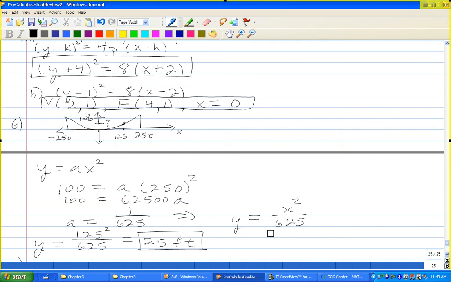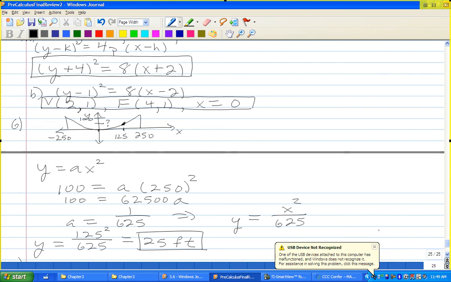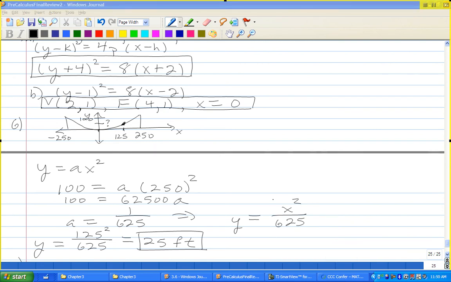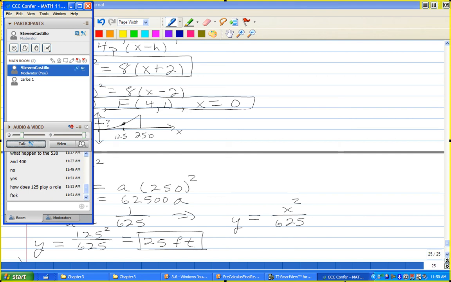Once you figure out what the equation is, at the end you want to figure out, if you plug 125 into your equation, what is the height? What's y? Okay.